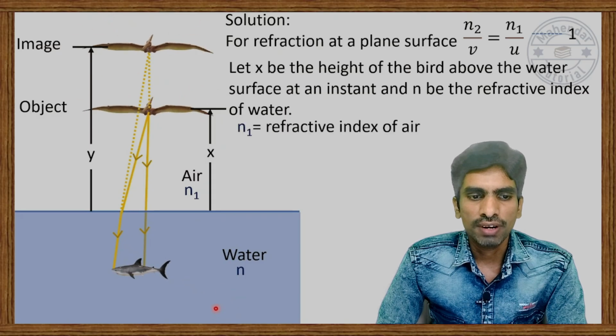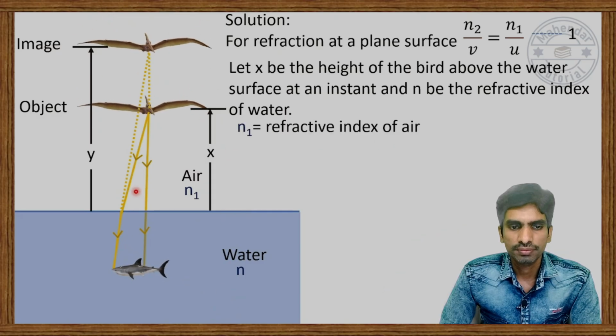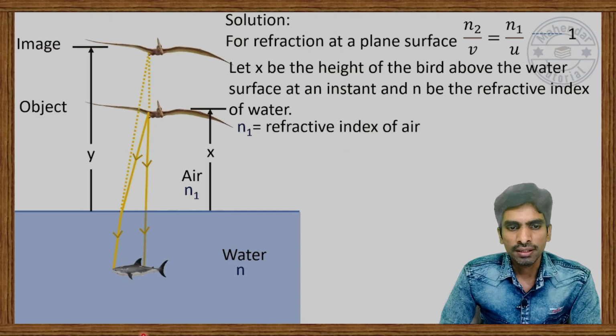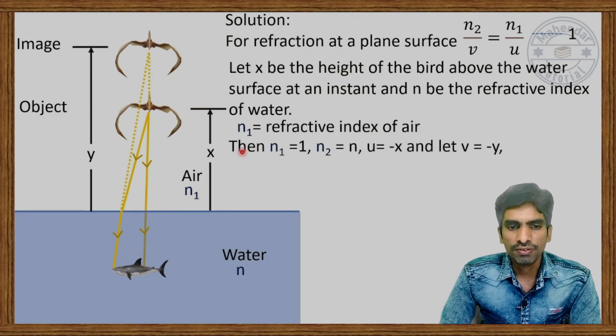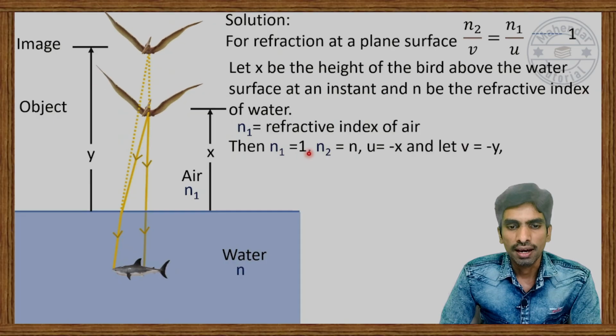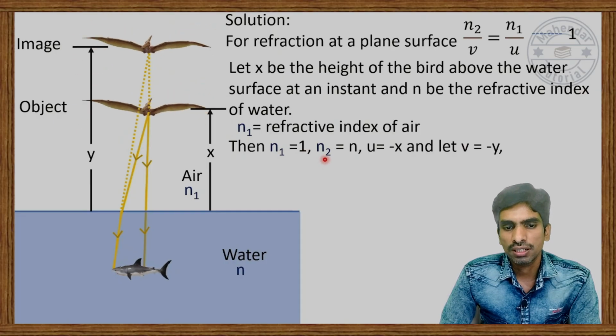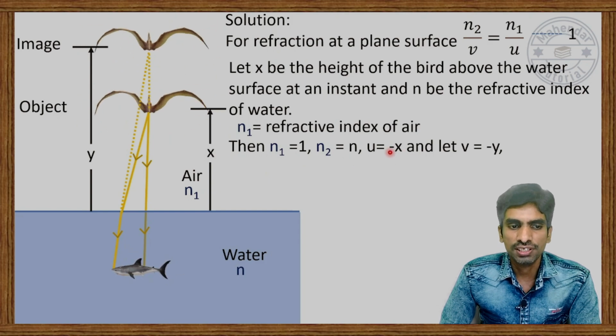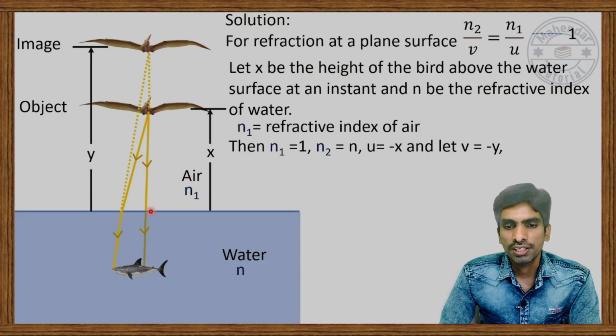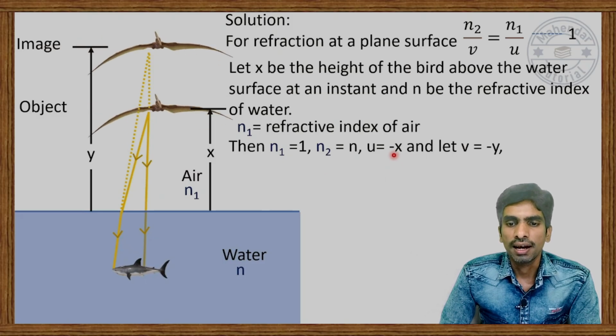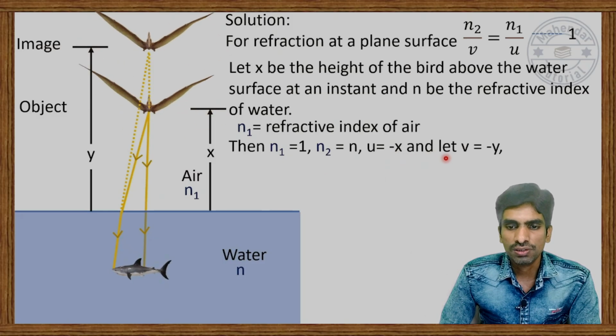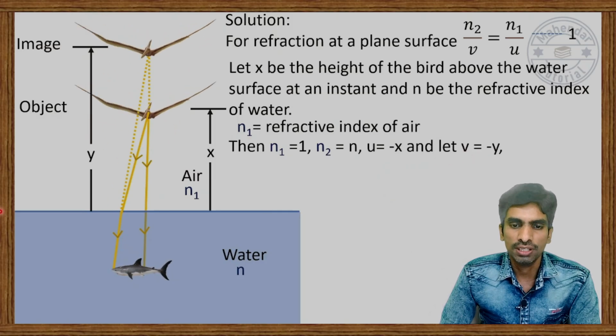N1, the refractive index of air, is 1 and the refractive index of the water is n. u is minus x. Here we are applying sign conventions. Incident light is downward but measuring should be upward. That is why we have taken the minus symbol, minus x, and image distance v is also minus y according to sign conventions.